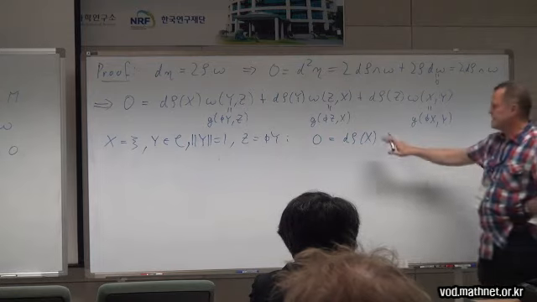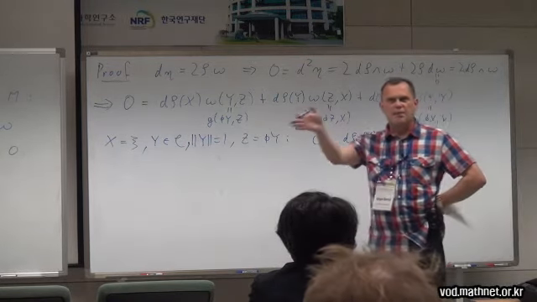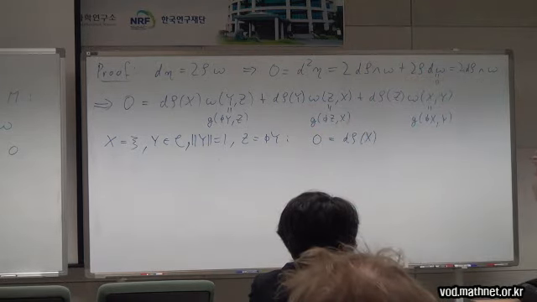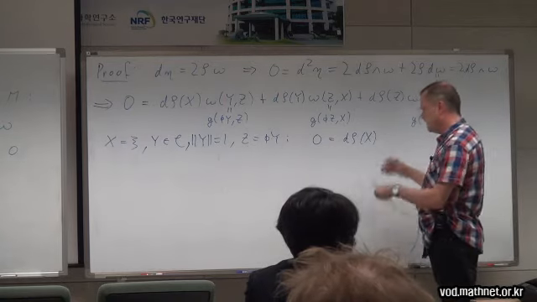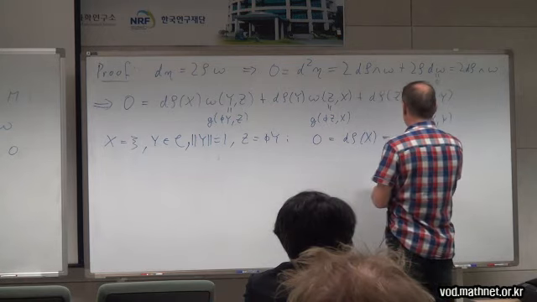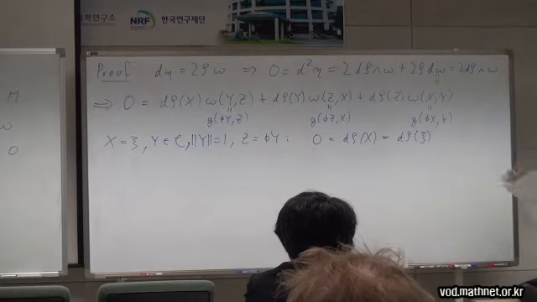So that tells us that when we differentiate rho in direction of xi, we get 0.